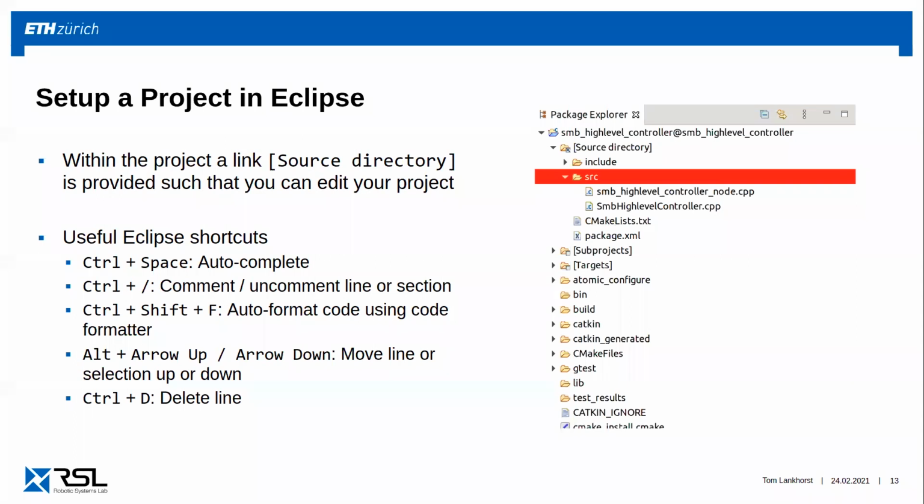For example, Control-space again auto-completes the line that you're currently working on. The Control-/ shortcut allows you to quickly comment and uncomment lines. These functions will help you become a fast programmer.